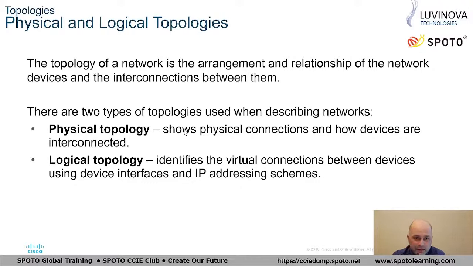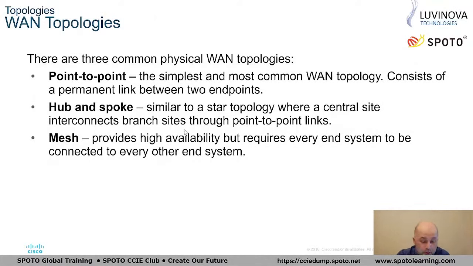There are three common physical WAN topologies. Point-to-point is the smallest and most common WAN topology and consists of a permanent link between two endpoints. I gave you the example before, when two sites are connected to each other with a dedicated leased line, so they are using a point-to-point connection. Hub and spoke is similar to a star topology, where a central site interconnects branch sites through point-to-point links.